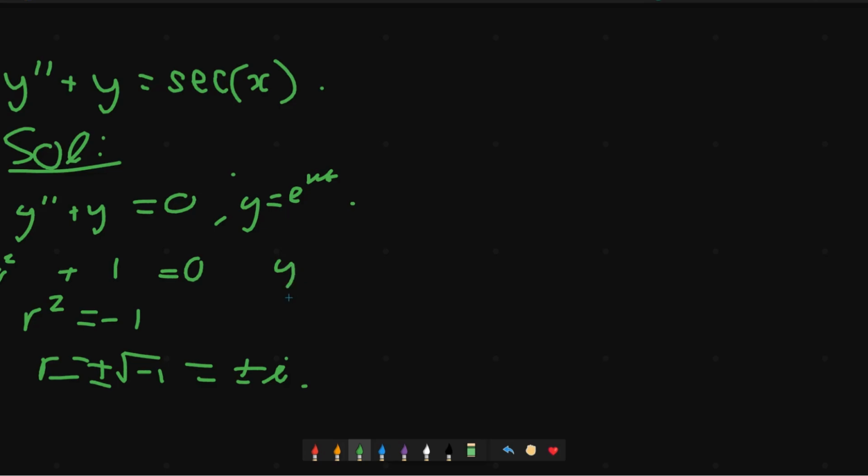So y equals e to the plus or minus i t. Sorry, I don't know why I'm using t when we're using x's. So this is going to be c1 cosine x plus c2 sine of x because of Euler's identity.